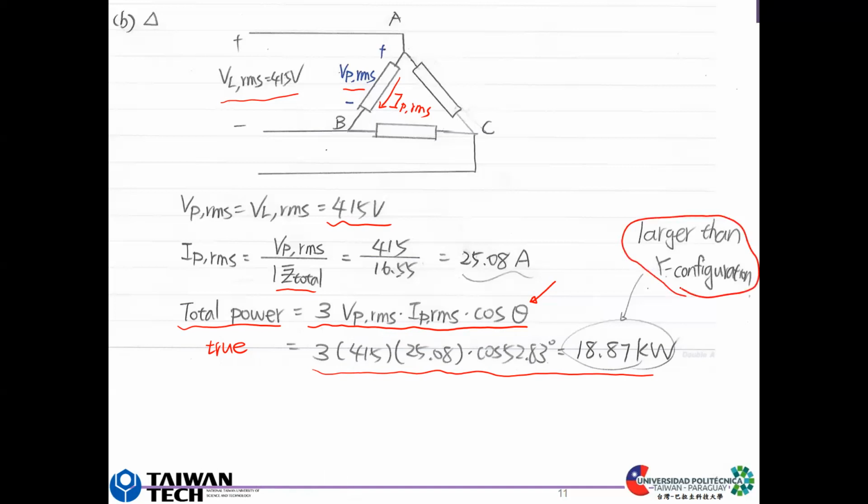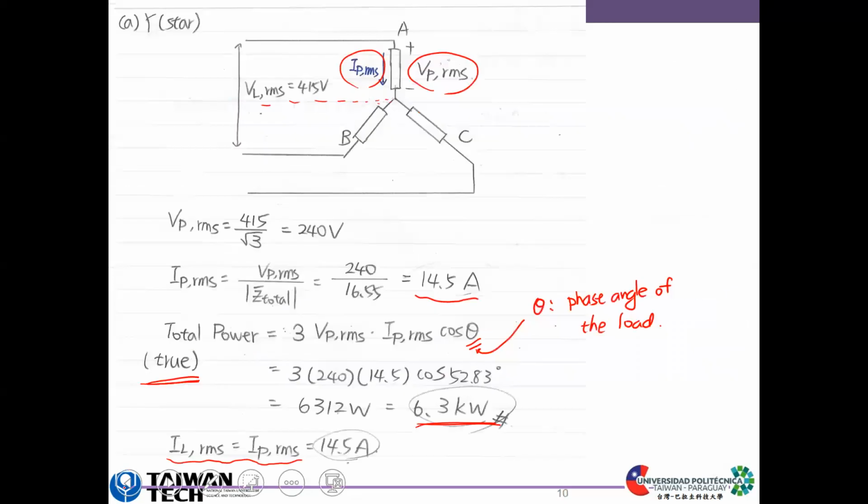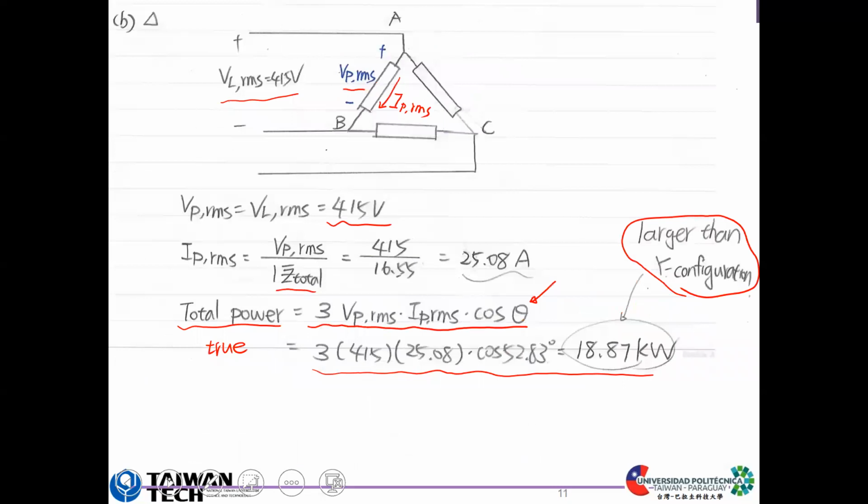You can compare the result to part A, which is just 6.3 kW, but in delta it becomes almost 3 times larger than Y configuration.